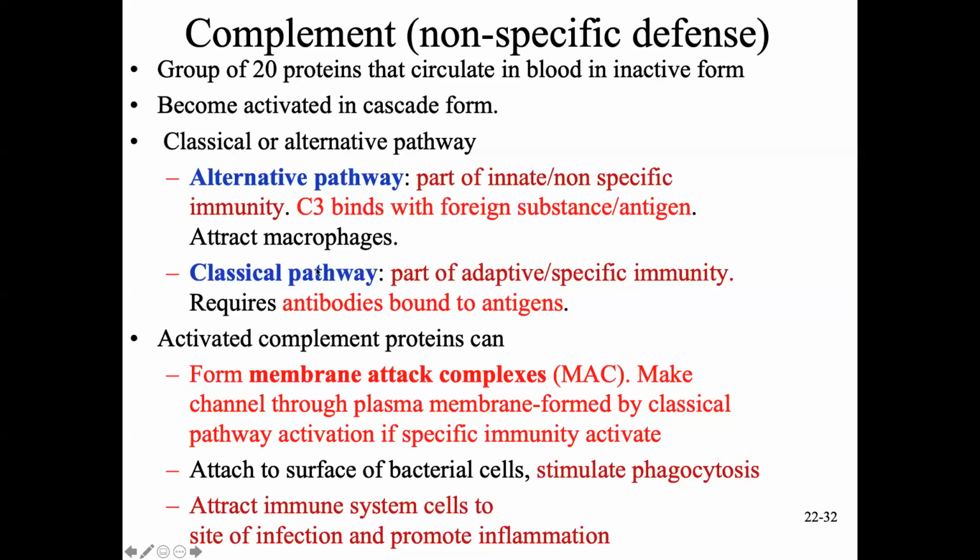Perfect. So in the alternative pathway, its main purpose is to attract more white blood cells to the area of injury, to the area of infection. By doing that, C3 binding attracts macrophages and stimulates phagocytosis. By putting C3 on there, it also attracts more immune cells to that region.